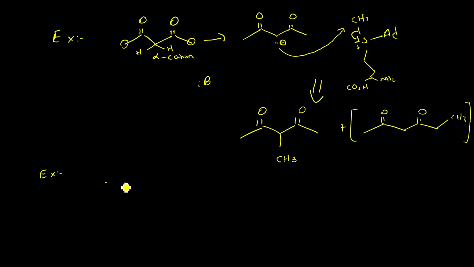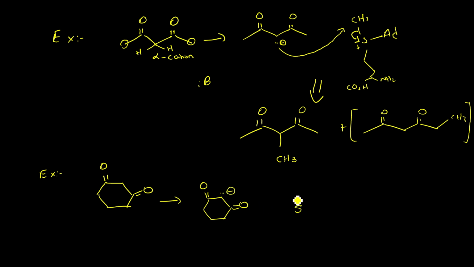And another simple example with this is also like this. Look at this one. The same thing happens, right? This particular carbon has more acidic hydrogens, so it can form its anion form here. Now it has an anion form.